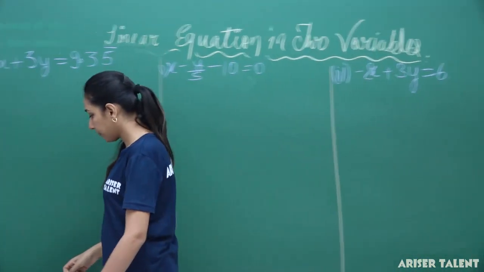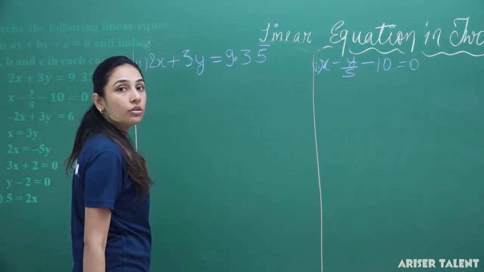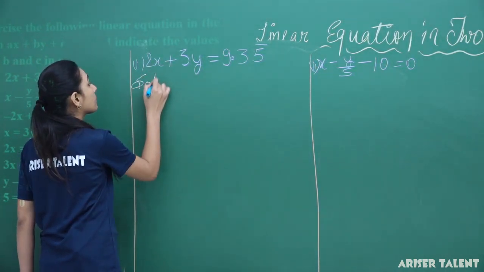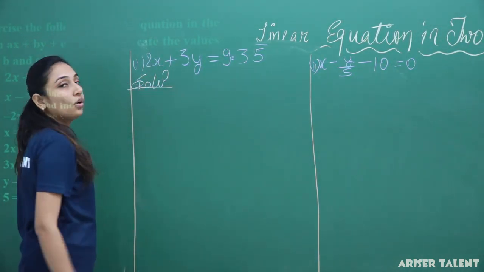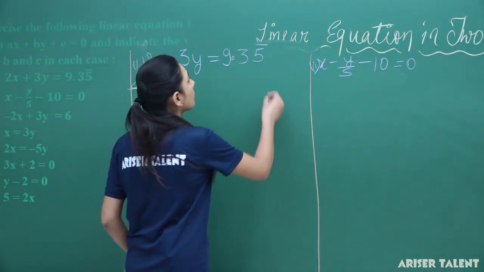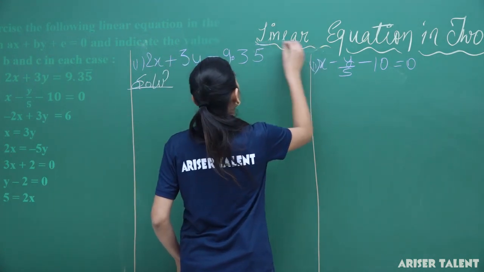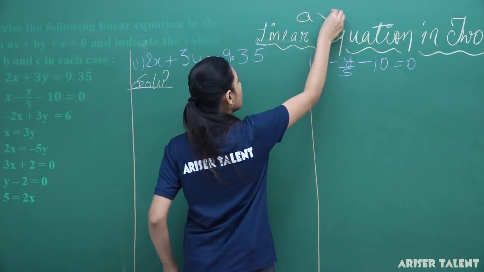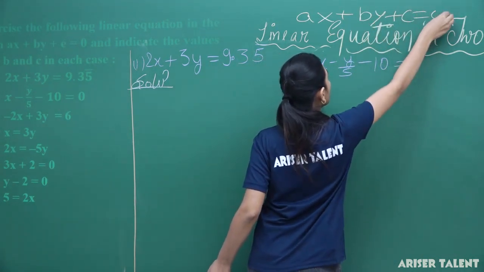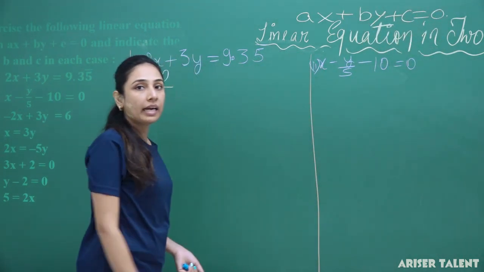Noted. Now talking about the solution of part first, students. In what format do I have to write it? The format is always ax plus by plus c equals 0. Never forget this format.